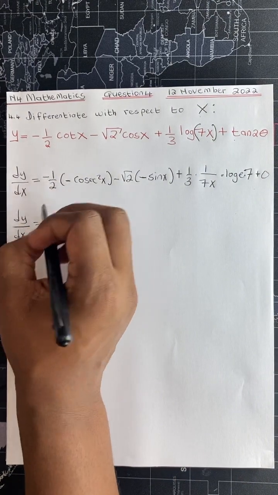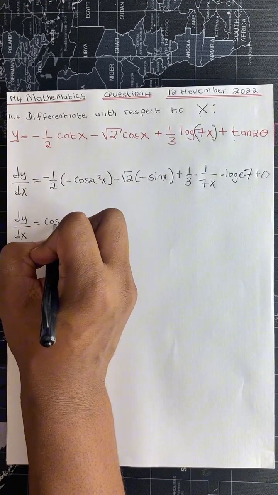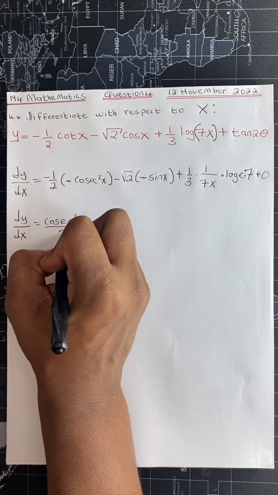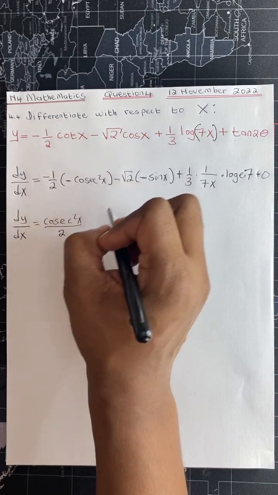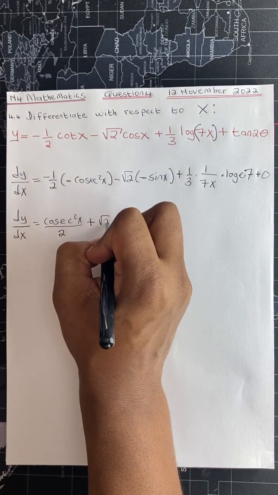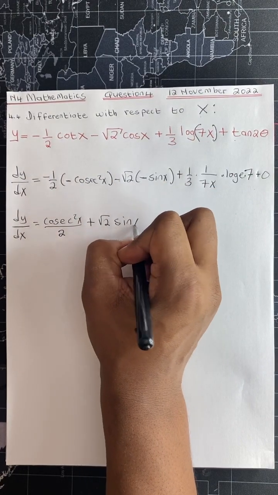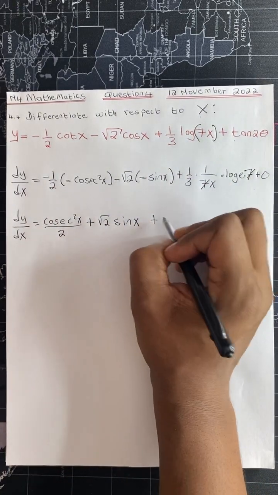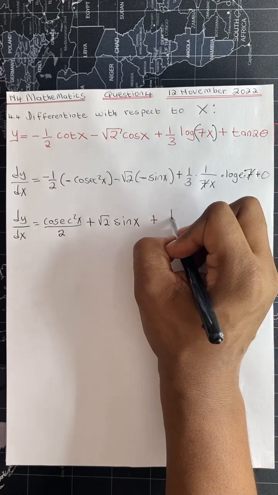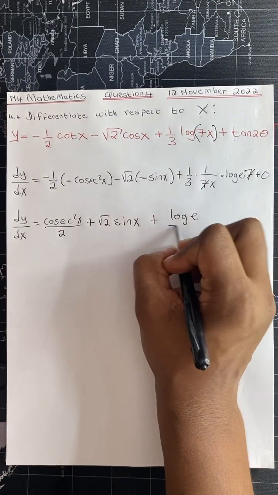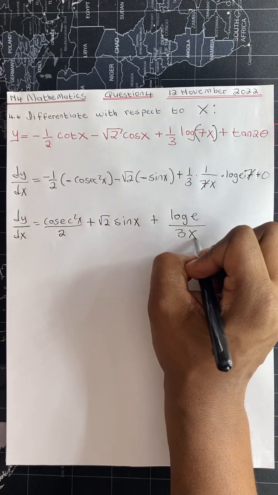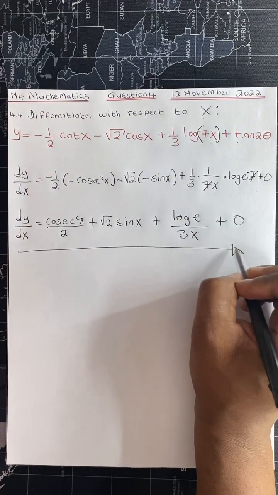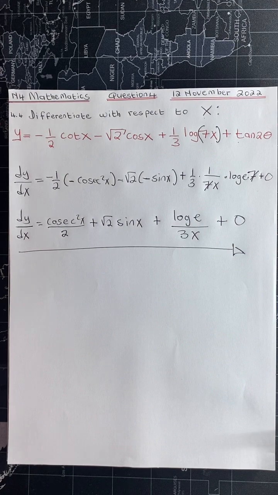So negative multiplied by negative will be positive: cosec squared x divided by 2. Negative multiplied by negative will be positive: the square root of 2 sin x. The 7 will cancel out with that 7, and we'll be left with log e divided by 3x plus 0. So this will be the derivative of y with respect to x.